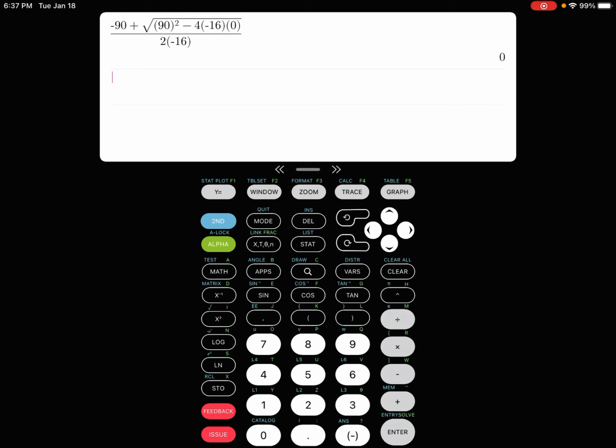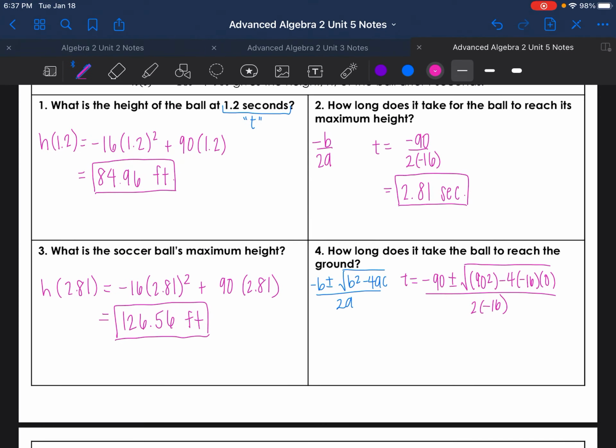And the first one I get is 0. So remember, this ball started on the ground, so this is essentially the starting point. And then I'm going to go back up and pull down this and change that to a negative. I just hit delete. You could retype it if you wanted. And we get 5.625.